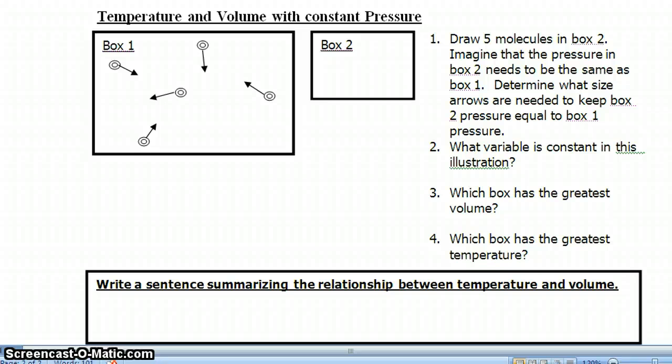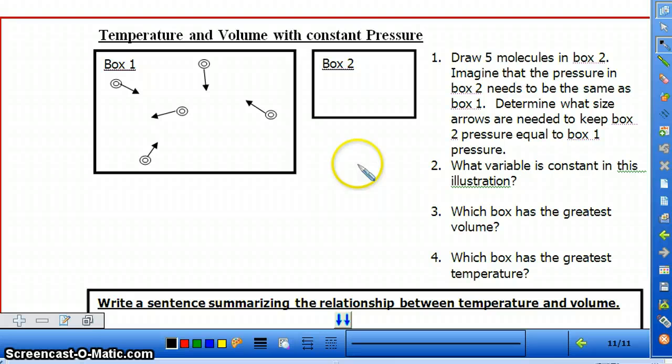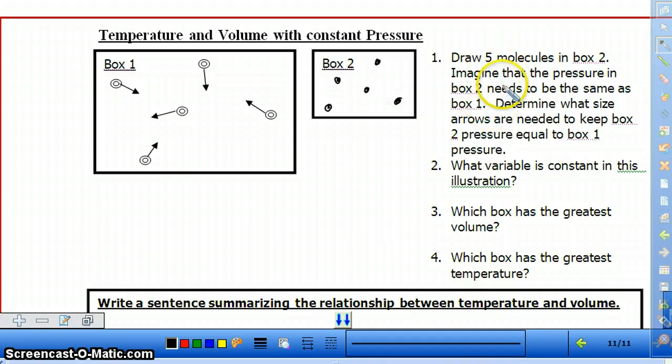Right, our last relationship is between temperature and volume at a constant pressure. And the directions say, again, 5 molecules in box 2. Imagine that the pressure in box 2 needs to be the same as box 1. Determine what size arrows are needed to keep box 2 pressure equal to box 1 pressure.